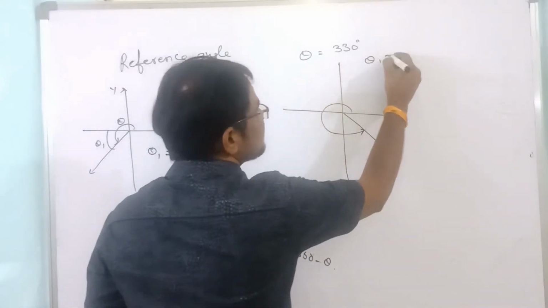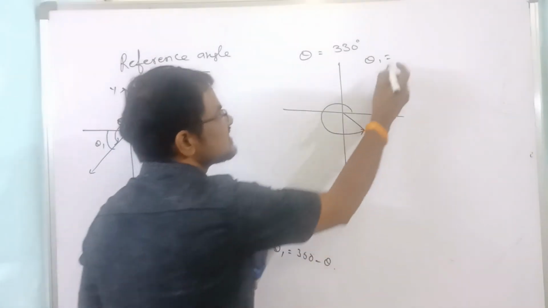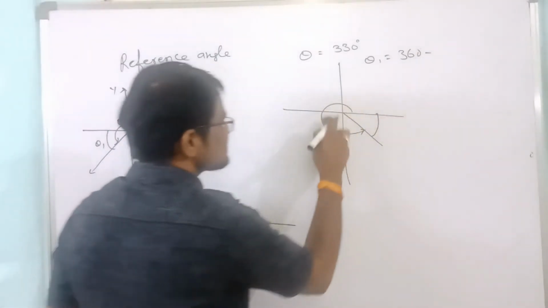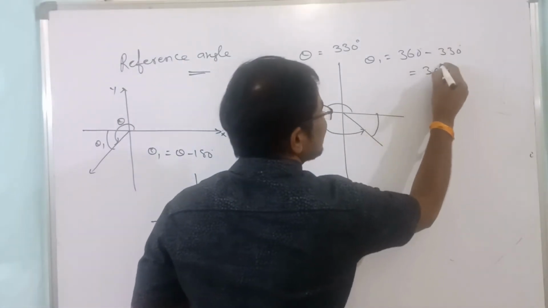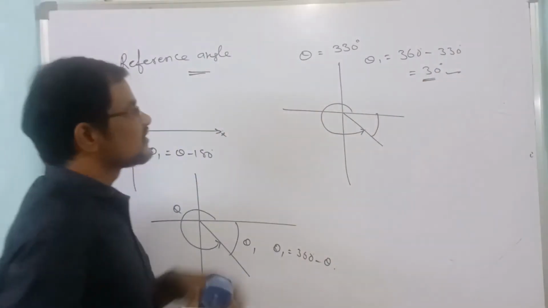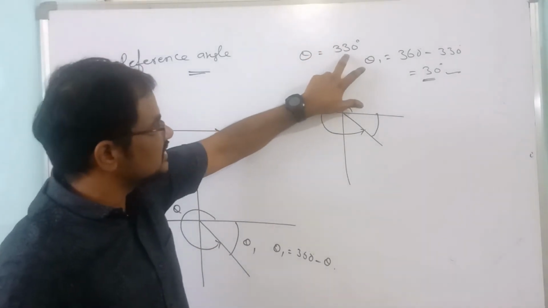So how to find the reference angle? This is reference angle, means nothing but total 360 minus this theta 330, that is equal to what? 30 degrees. So reference angle of 330 is what?